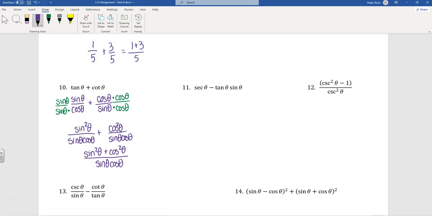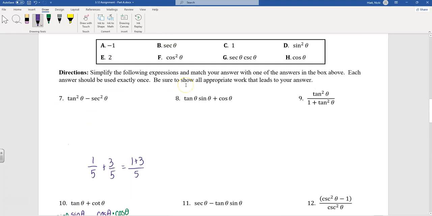But does anybody see where we can go with this? What do you think, Avid? We can replace the numerator with 1 because sine squared theta plus cosine squared theta equals 1. Very good. So I've got 1 over sine theta cosine theta. Now, at this point, you might want to start looking at those answer choices up at the top because maybe this is there, but it's not an option. Do you see anything that you think we could get there? Do you have an idea?